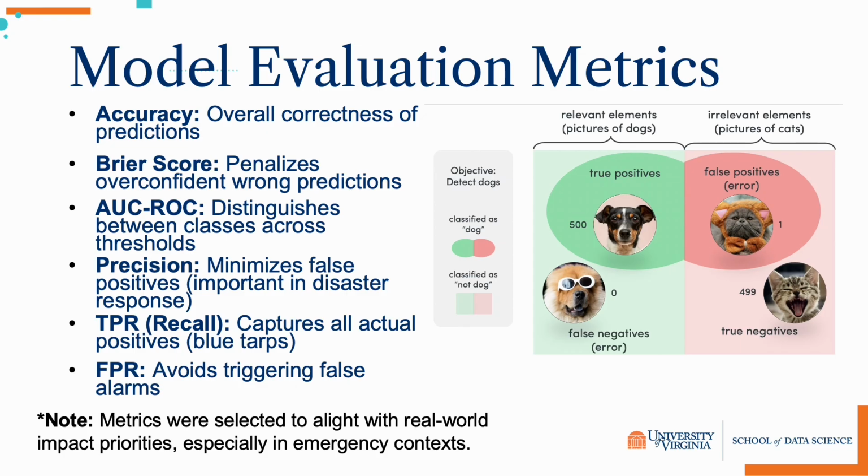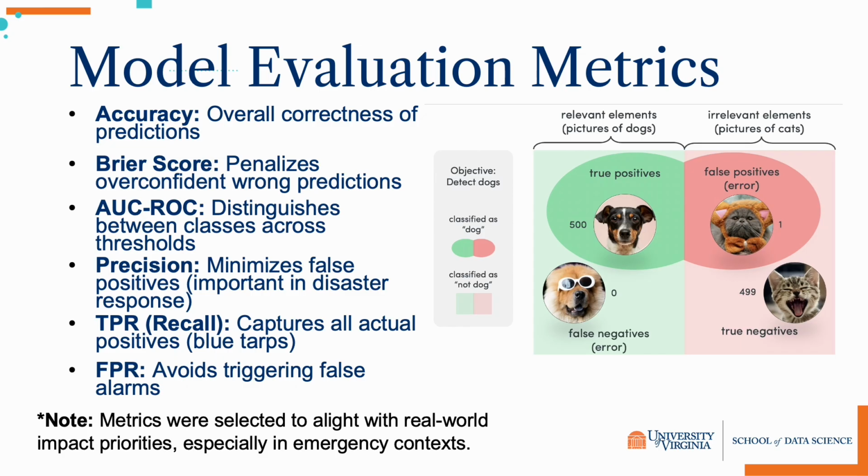I decided to include a picture, not related to our actual project. I felt it was a good example of true positives and false positives. Here we can see how the cat disguised as a dog appeared to be a false positive when classifying what could be a dog in images.